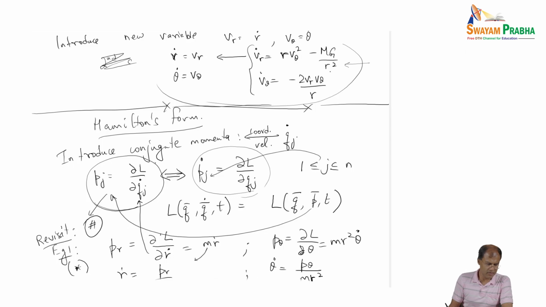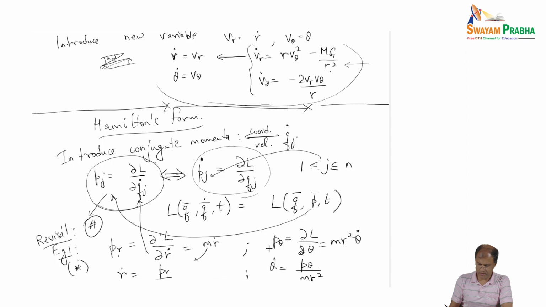And so what have we got here? We have the variables P_R, r dot, and the variables theta dot and p theta, right?